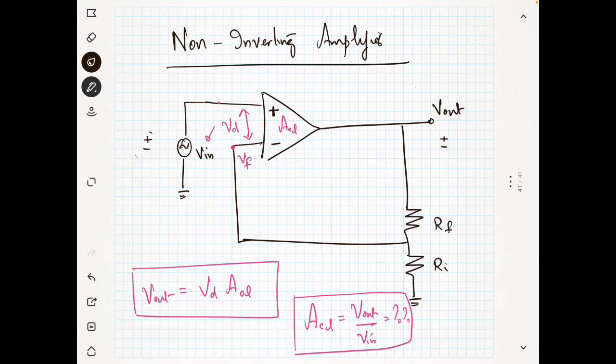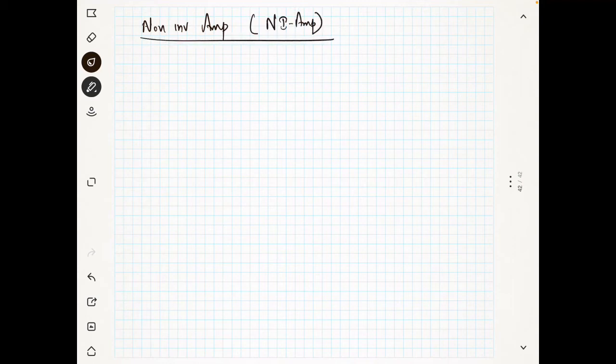Okay, so we will be doing the circuit analysis now. Listen carefully. We are talking about the non-inverting amplifier. I can write it like this, NI amp. Okay, non-inverting amplifier. So I will be drawing the circuit diagram here. Minus, plus, this is my V_out.